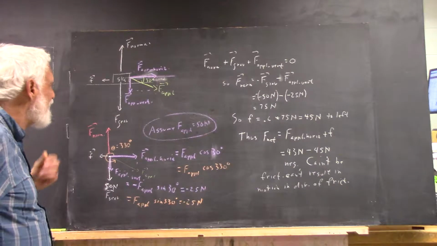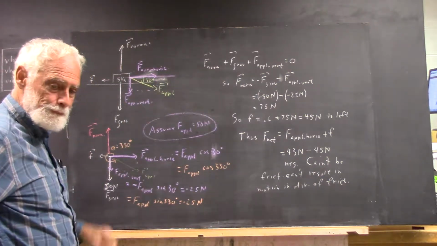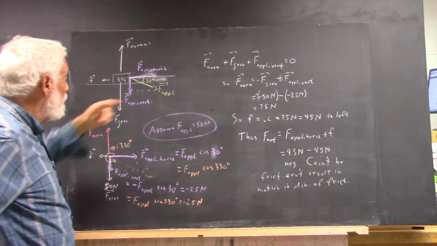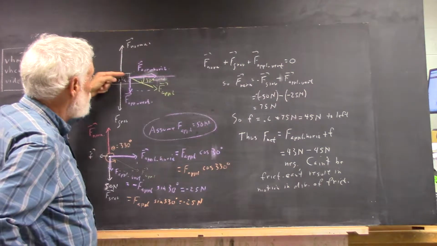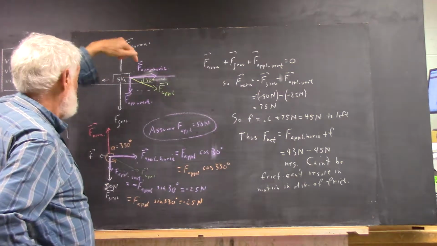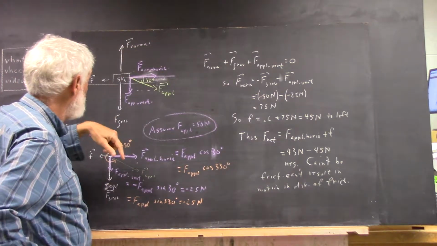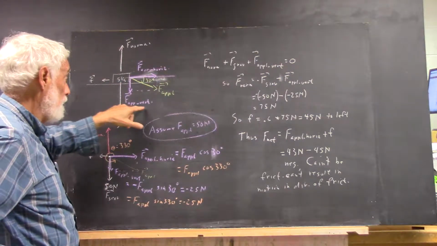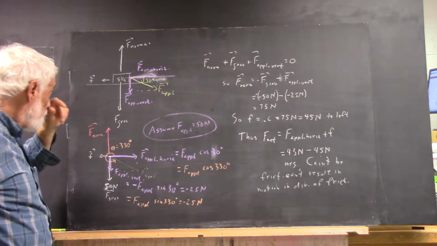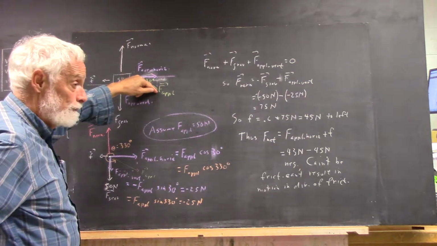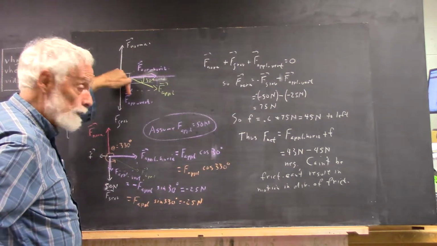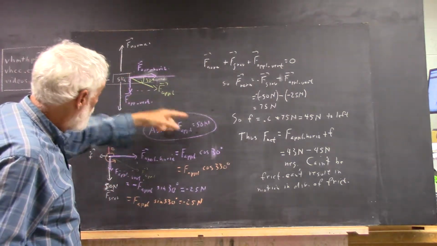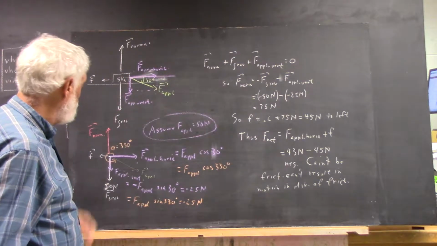Well, the applied force is, in every sense, equivalent to the sum of its projection on the horizontal direction, which I'll call F applied horizontal, and its projection on the vertical direction, which I'll call F applied vertical. Okay, so this vector is the vector sum of this vector and this vector, and so it's completely equivalent, so we can cross this vector out and just replace it with these two vectors.